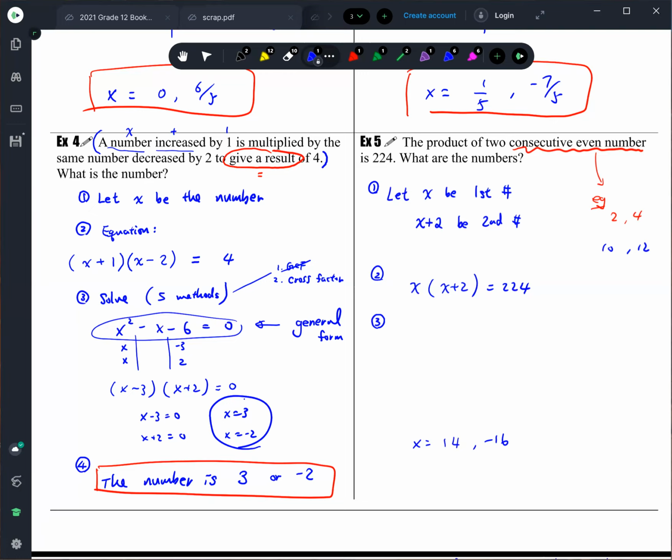And Kat, what do you have? I got the same thing, but both of them were positive instead of one of them being negative. Oh, so you have the 14 and 16. Correct. Okay.